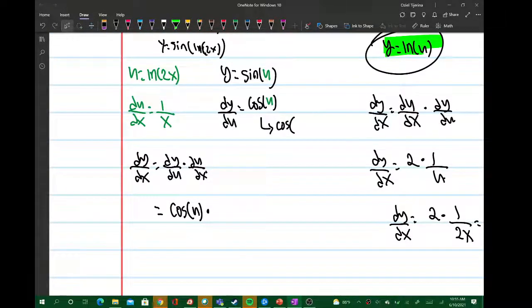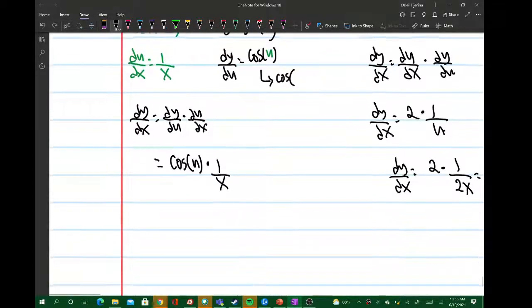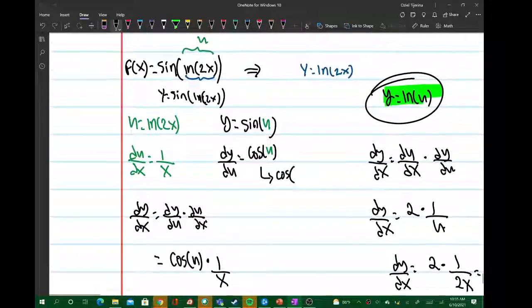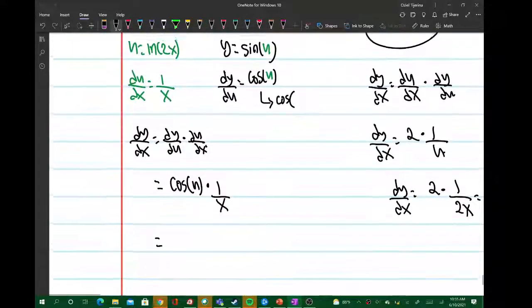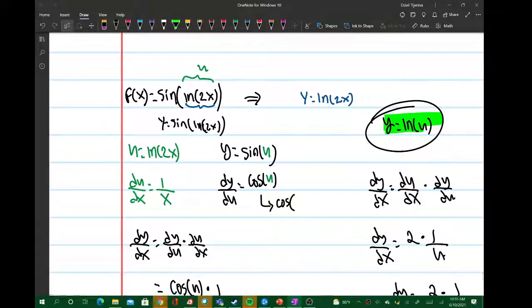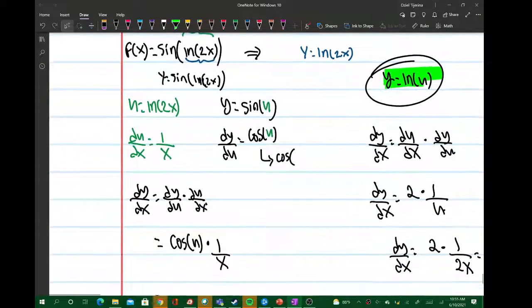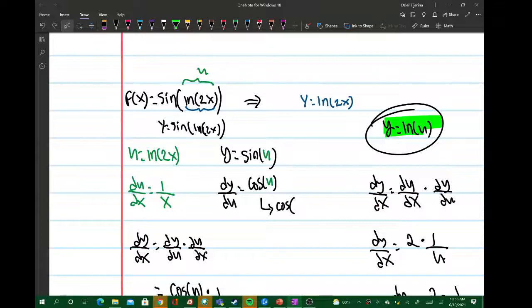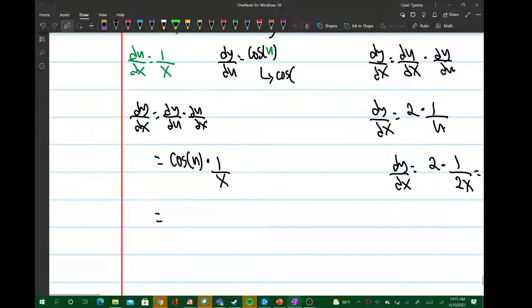Then we substitute u back in. We said that u was the natural log of 2x, right? Yes, we did.